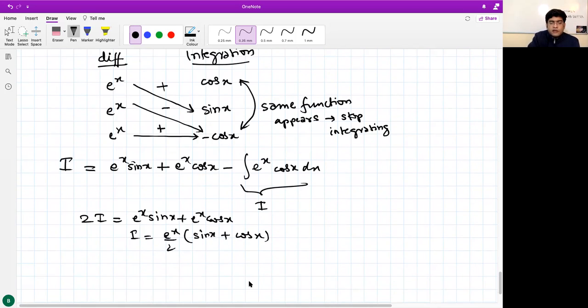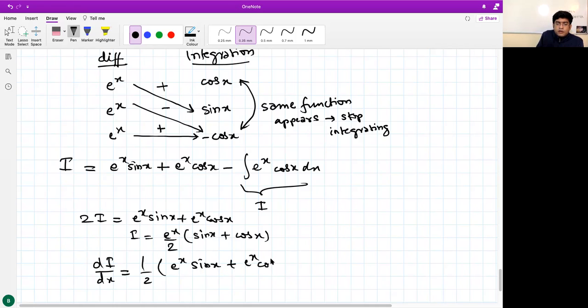All right, let's see if the calculation is right or wrong. If you differentiate this, we should get the initial function. So see if it's coming out or not. Let's differentiate this and check whether the method is correct, because I'm doing it after a long time. It might come out to be wrong. Let's see. So this is e^x sin x, and then we have plus e^x cos x.